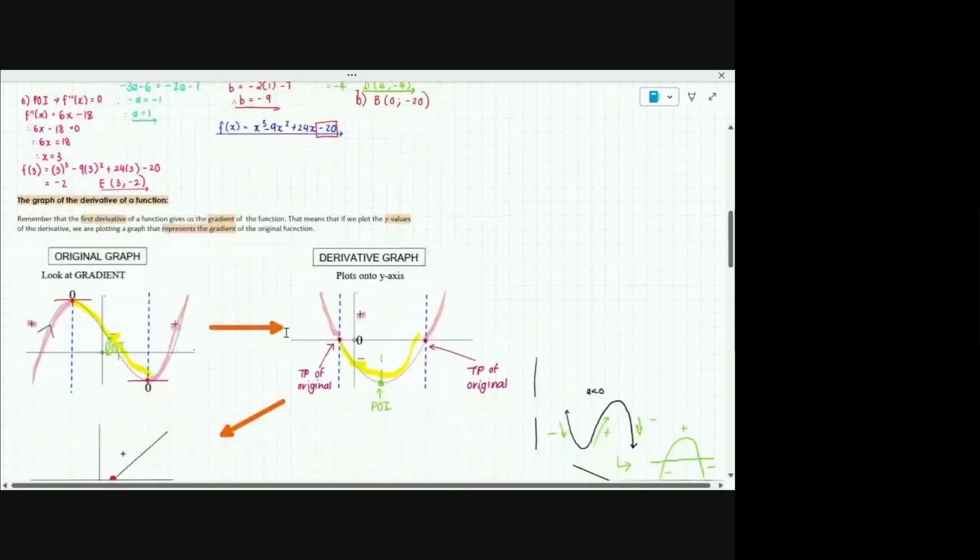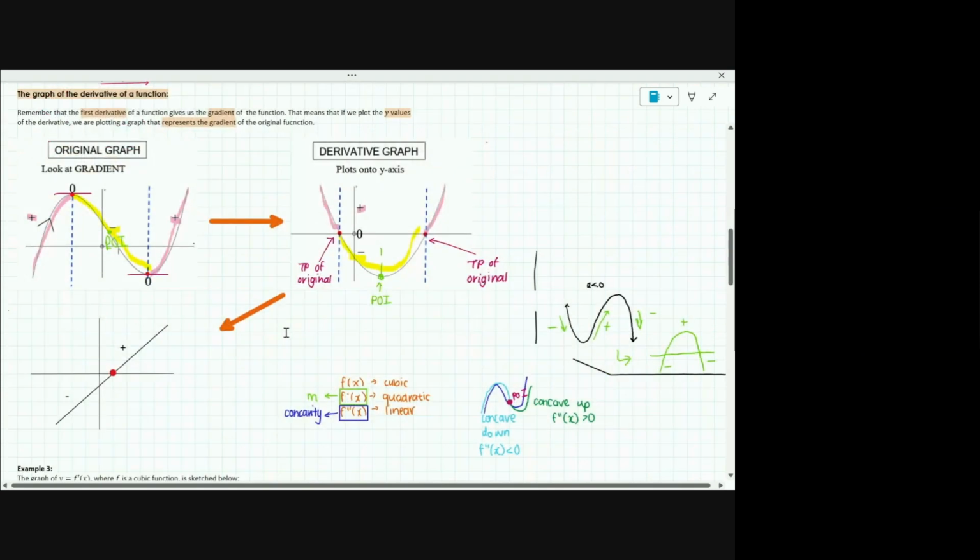Right, so like I say, these are the two that we work with most. We can deal with our linear function as well. If we have a quick look at the original graph, this is a sad parabola portion. This is concave down. This is represented by a negative portion of your graph.